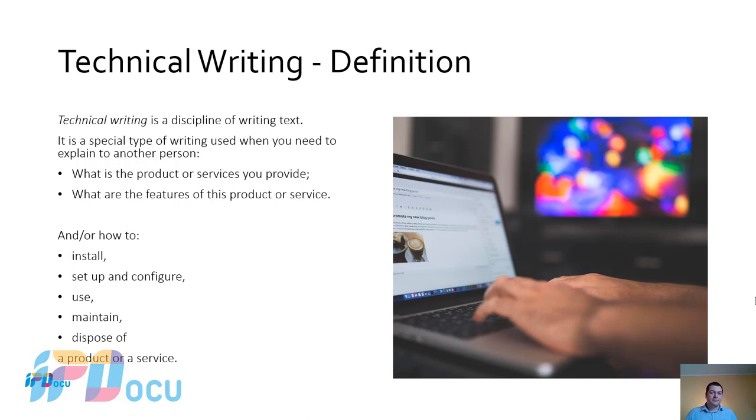You want to use and apply the technical writing discipline when you have to explain to your end users things like how to install, set up and configure, use, maintain or dispose of a product or a service.